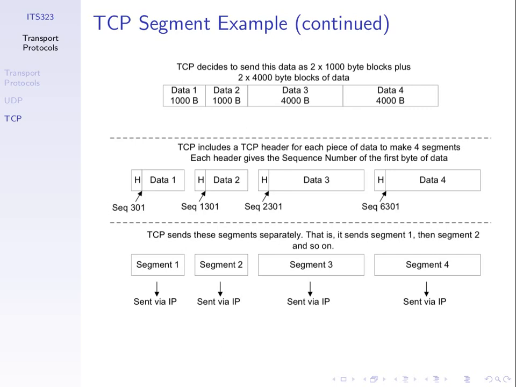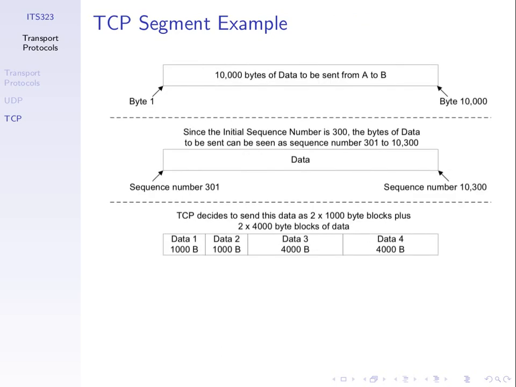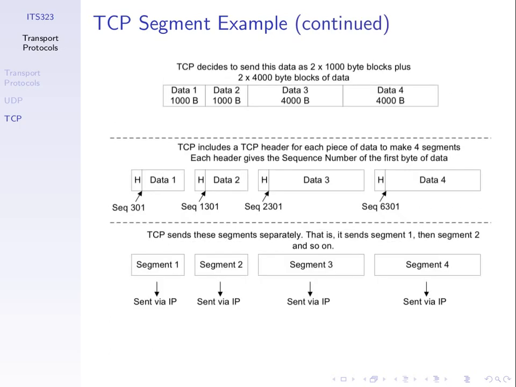So in the first case, the first byte is sequence number 301. Therefore, in the first segment, the header has sequence number 301.